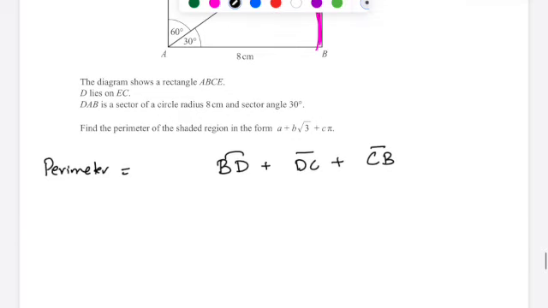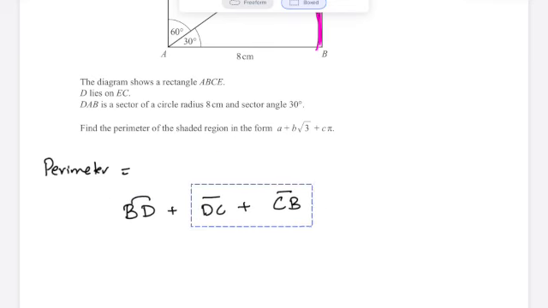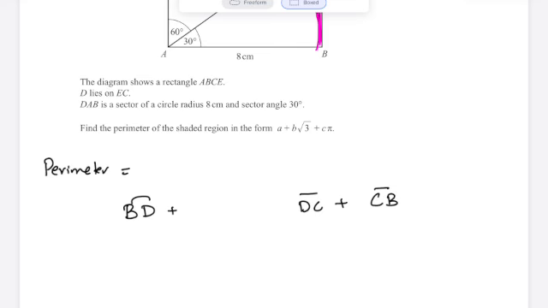These are the three parts. So let's write them out separately. We are going to find all these three.